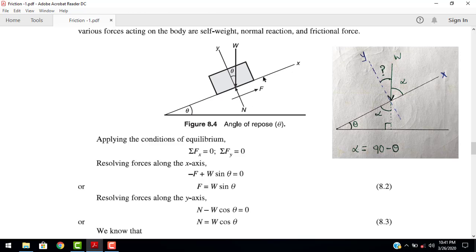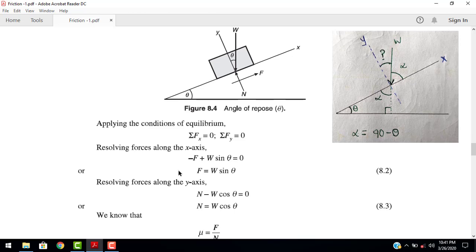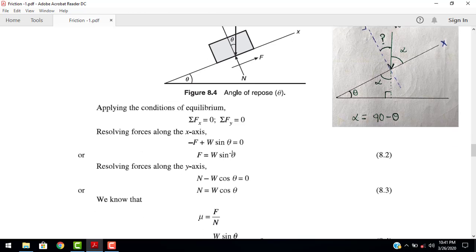Which are all the forces acting along x-axis? One is the frictional force F and the other is the self-weight component along the x-axis. So resolving the forces along x-axis, minus F plus W sine theta will be equal to 0. So F will be equal to W sine theta.